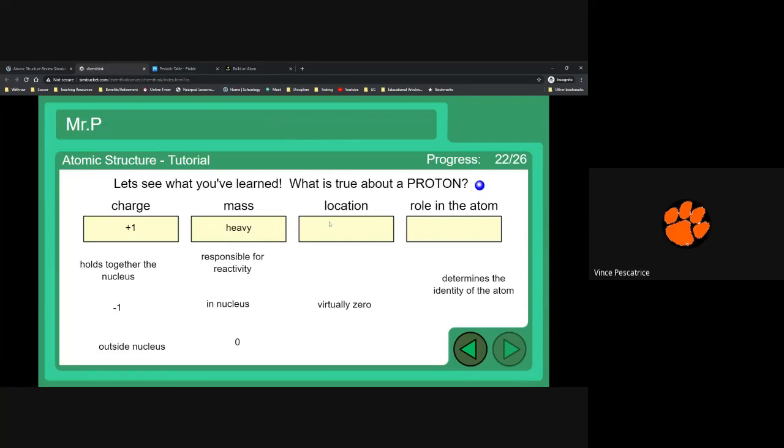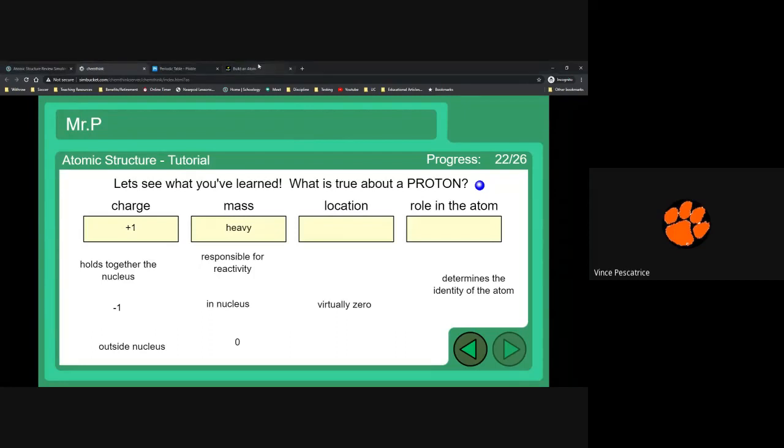So the location of the proton, where is it located? Which one of these words fits it? Where is the proton located? Good, Katie. In the nucleus.